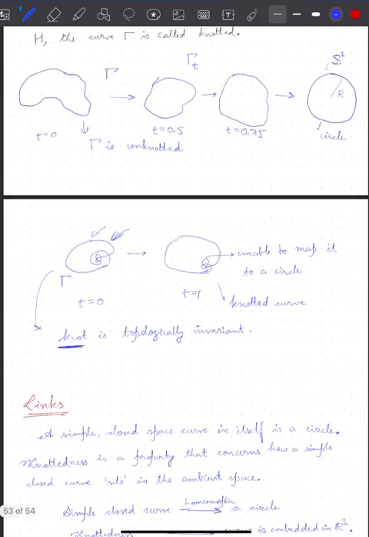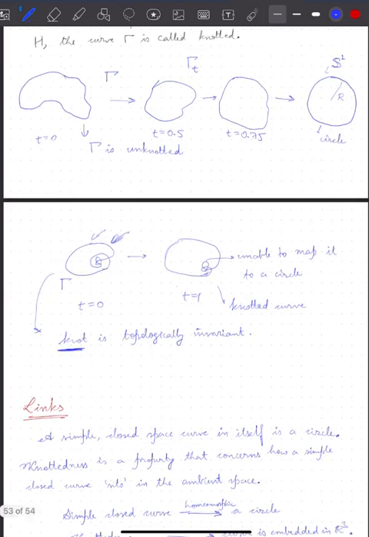Say this curve is in R3. Imagine it arranged in some fashion, but gradually you are just bringing it down to R2, because the circle lies in R2.